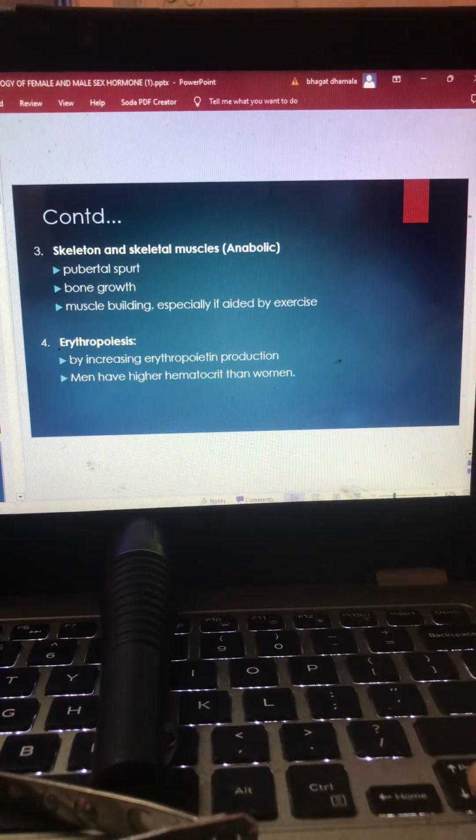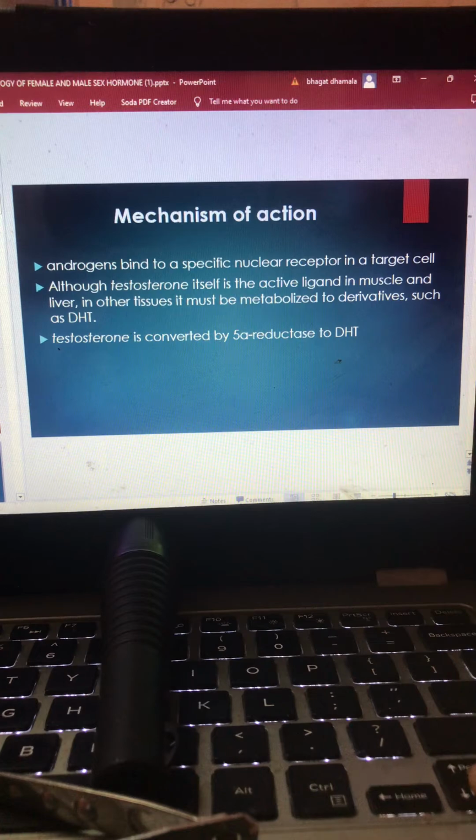Now talking about its mechanism of action, androgens bind to specific nuclear receptors in the target cells. Although testosterone itself is an active ligand in muscles and liver, in other tissues it must be metabolized to derivatives such as dihydrotestosterone, and testosterone is converted by 5-alpha reductase to dihydrotestosterone.